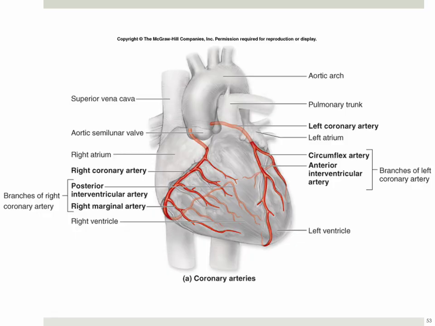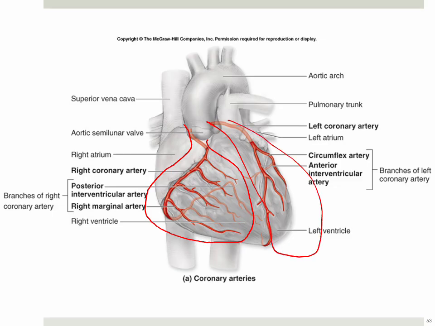We see it here. So we have the right and the left. Let's follow it, starting with the right. We have our right coronary artery that's going to be in that sulcus. We're talking about this one here. It's going to branch into the right marginal artery. It's also going to branch into the right posterior interventricular artery.